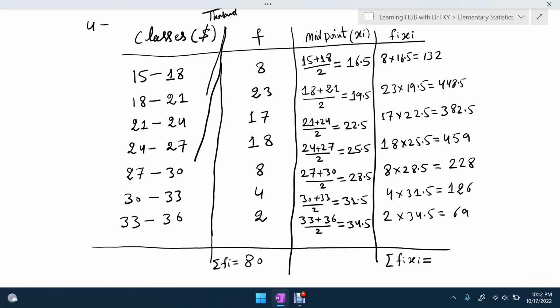So let me sum this: 132 plus 448.5 plus 382.5 plus 459 plus 228 plus 126 plus 69. This will give you 1845.